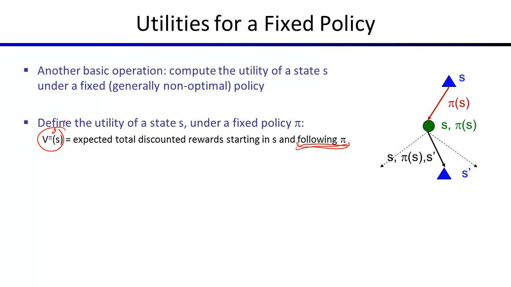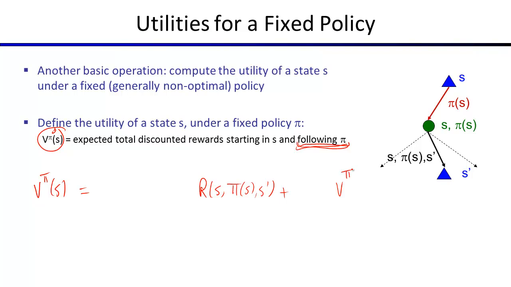All right, what would that be? Well, V pi of S, what do we get? We get a reward for being in state S, taking action pi of S, landing in state S prime. Then from then onwards, we get an expected sum of discounted rewards, and that's already something we have.